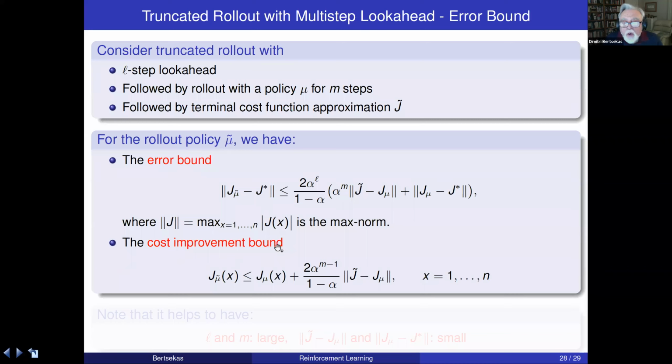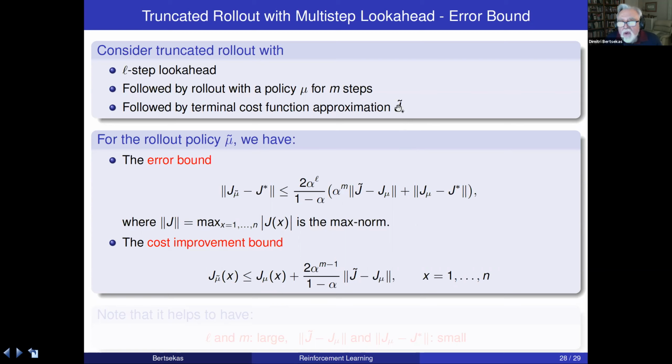And there is also a cost improvement bound. Given the base policy, how much can you improve it? This gives the cost of the rollout policy compared with the cost of the base policy, and the error bound involves M, the number of steps, and the distance between the terminal cost approximation and J mu.